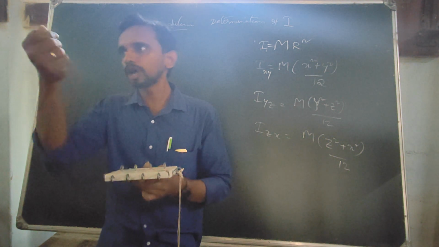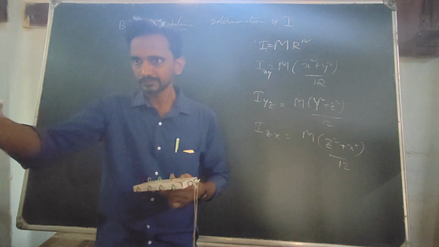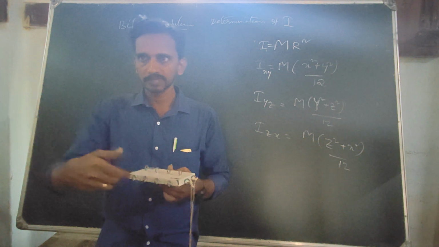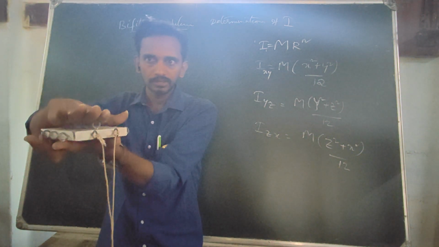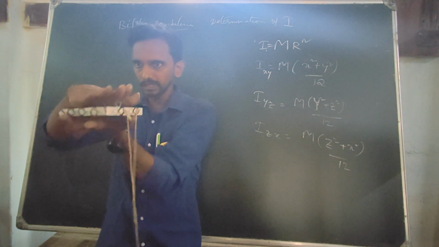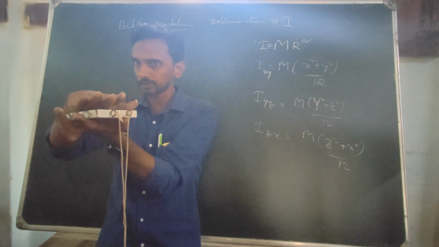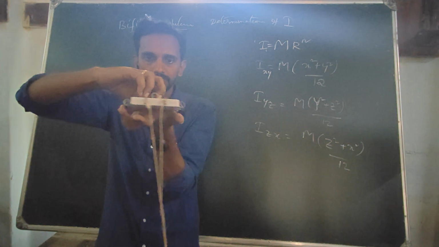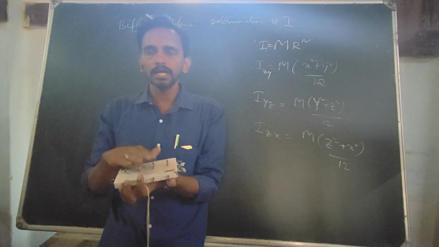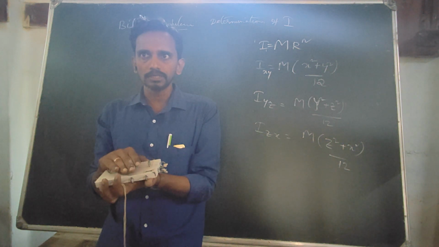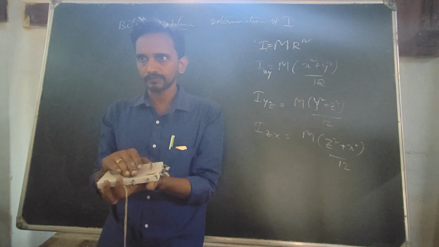Okay, when you try to stop a plate that is already rotating, which way is easier? It is difficult to stop the plate which is rotating, which has more area. More the area, more difficult to stop it.